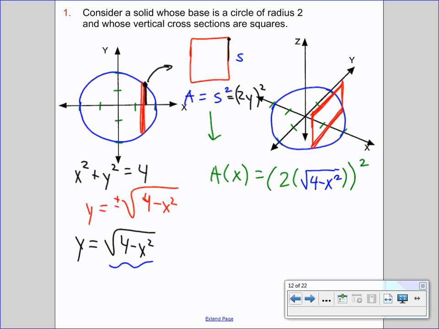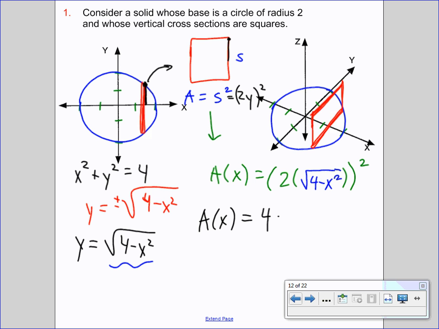This is the trickiest part. If I can generate an area function, A of x, that gives me the area of a slice, no matter where I take it throughout the solid, then all I need to do is integrate that across the range of possible slices, just like across the range of possible rectangles for area. And let's make that look a little bit prettier. So this would be given by quantity squared, so the 2 squared is 4.